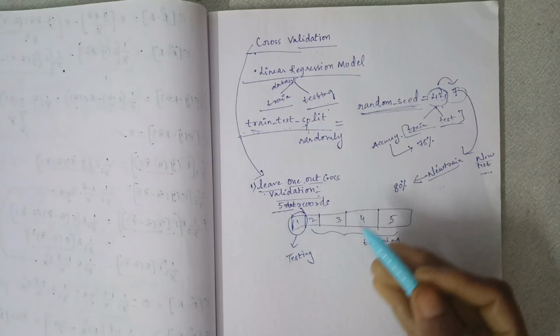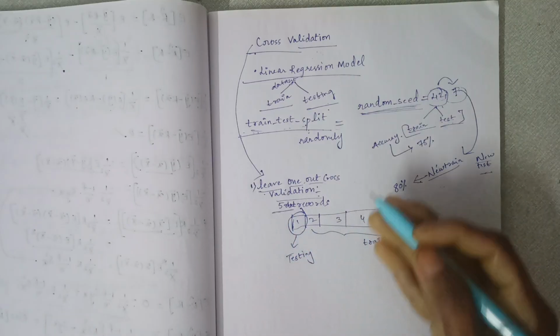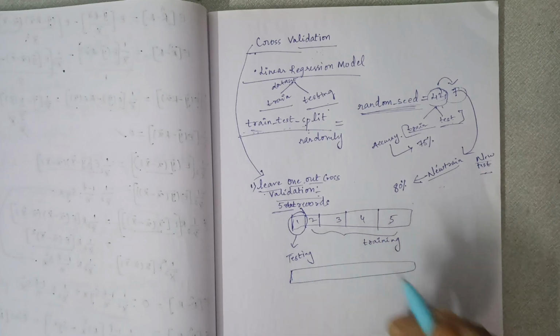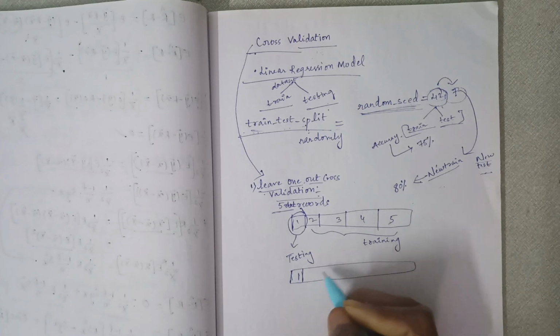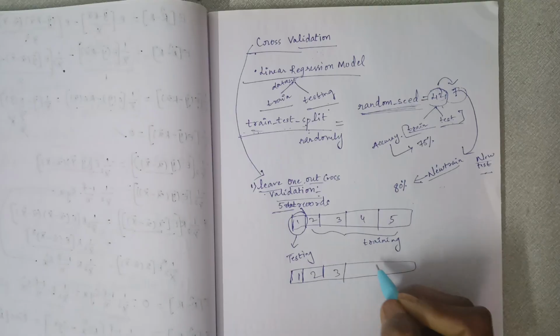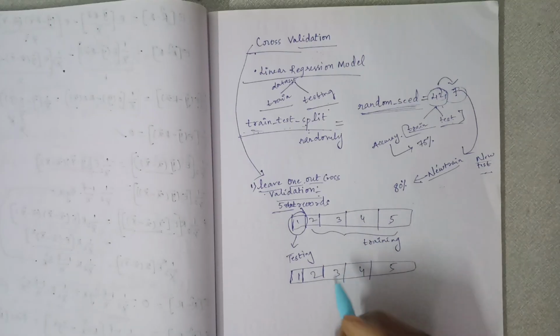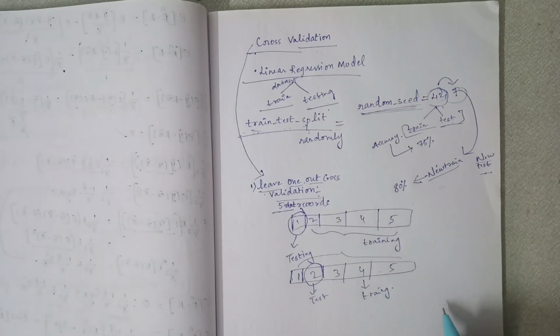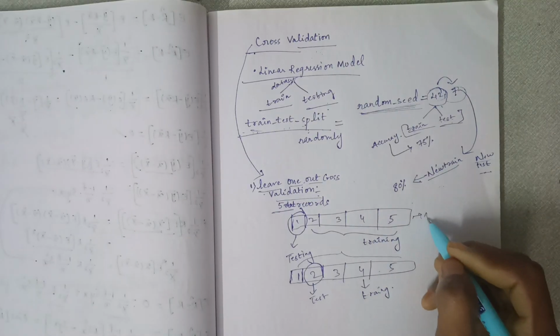Then, as we have 5 records, we need to repeat this cross validation technique 5 times. At the next iteration, this is 1, this is 2, 3, 4 and 5. Now you take the second record as the test data and 1, 3, 4, 5 as training data, and you calculate the accuracy.